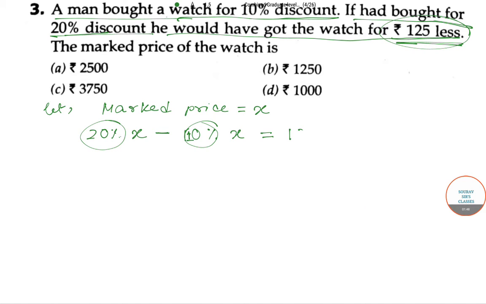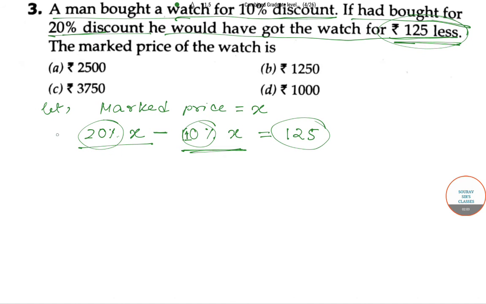So that will be 125. So 20% of the marked price minus 10% of the marked price is 125 rupees. That we know from the question.